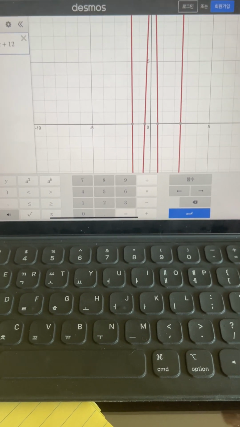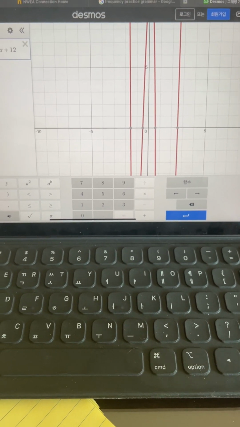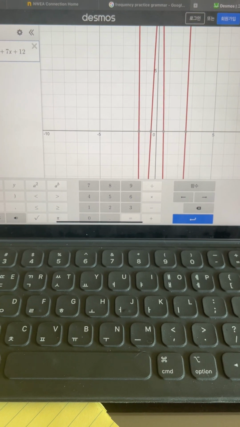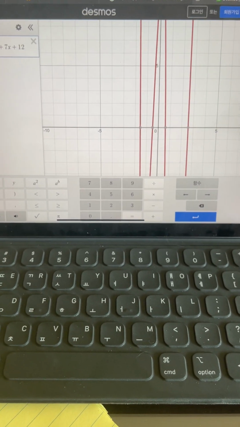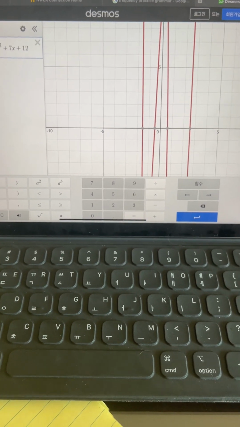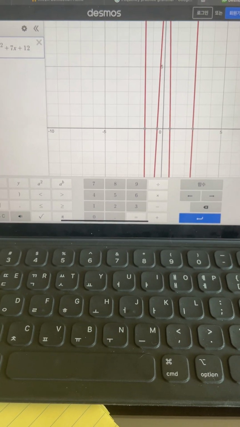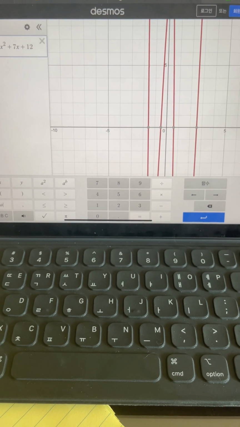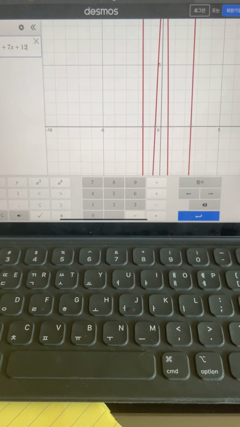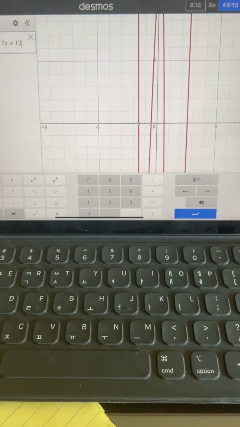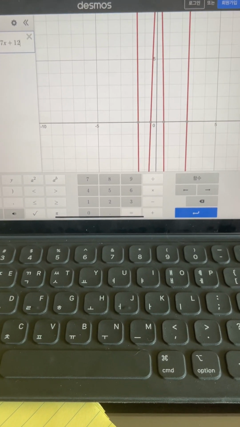It's expected of you to have your graphing calculator, even if you don't have it right now because you're only in 10th grade. When you're in college, taking some calculus or algebra courses, they're going to expect you to have a graphing calculator.